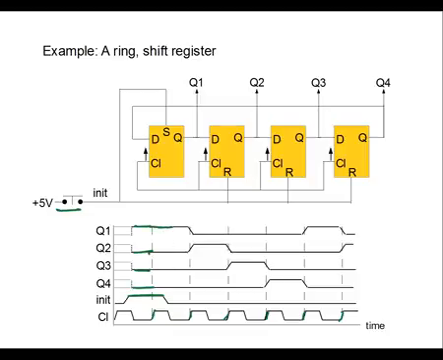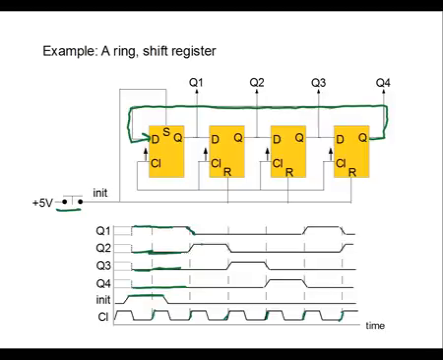We stay at 1 for Q1, 0 for Q2, 0 for Q3, and 0 for Q4. Now, when we get the rising edge here, Q1 assumes the value of Q4 because of this network here. Q4 was 0, so Q1 dives to 0.